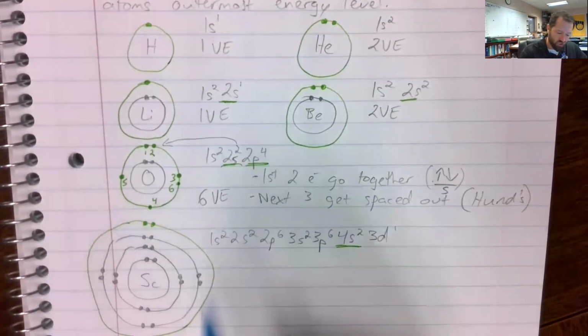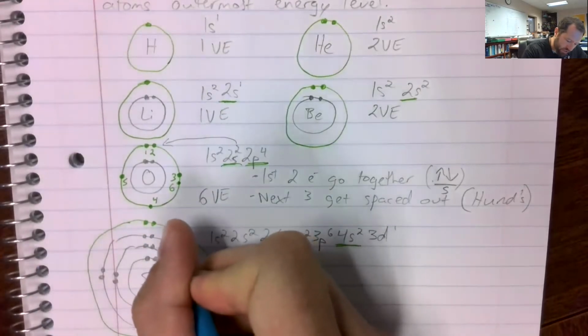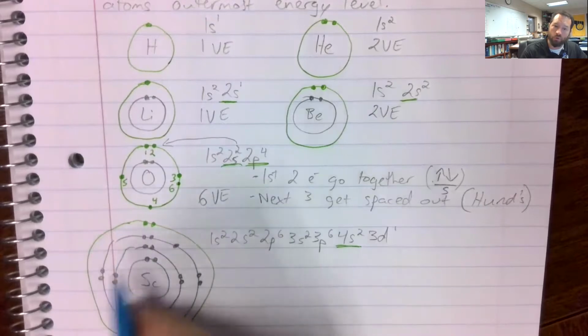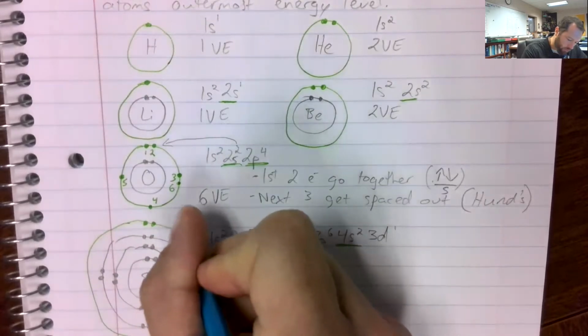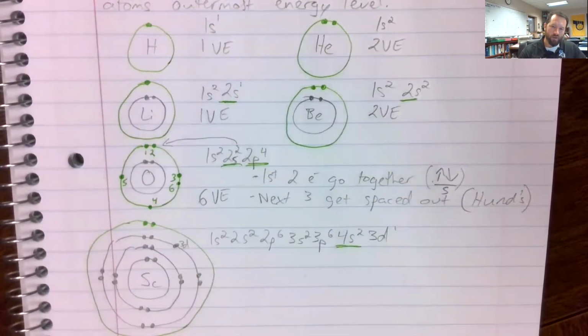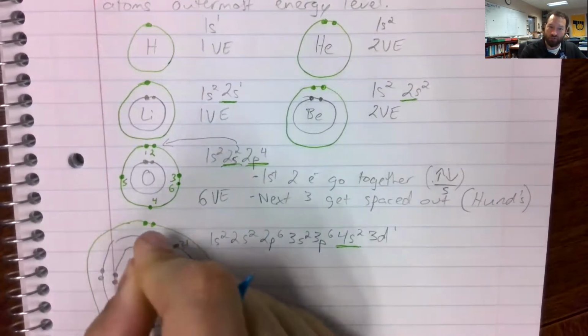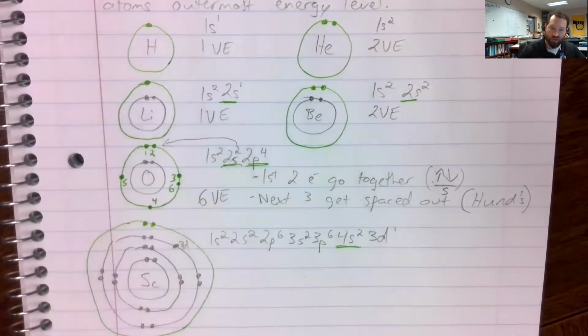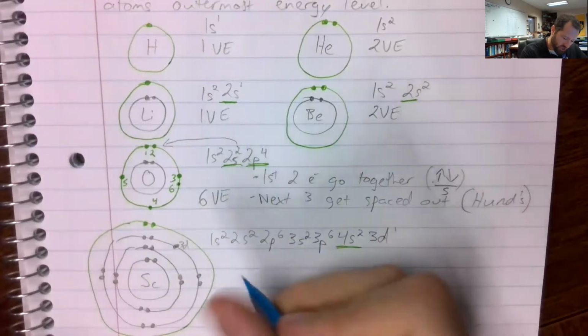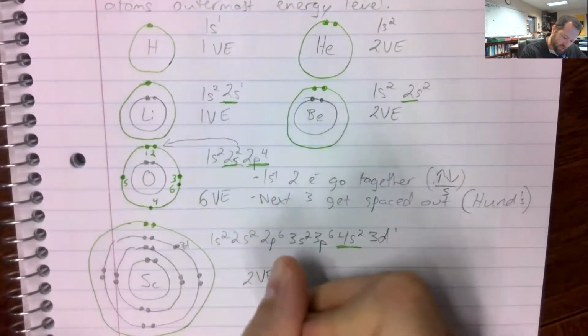That's our valence shell. But to add that 3d electron, I'm going back to the third energy level. Here's my 3d right there. Not a valence electron. It's back on the third energy level. It's not on the outermost energy level. So scandium has just 2 valence electrons.